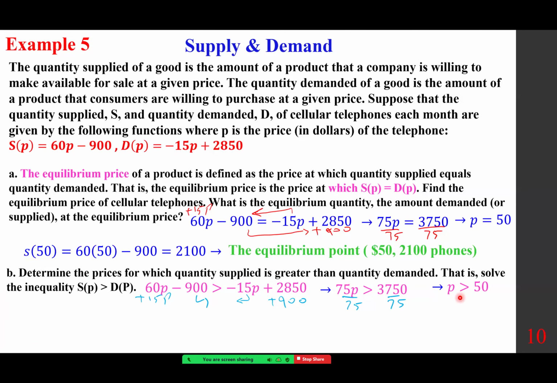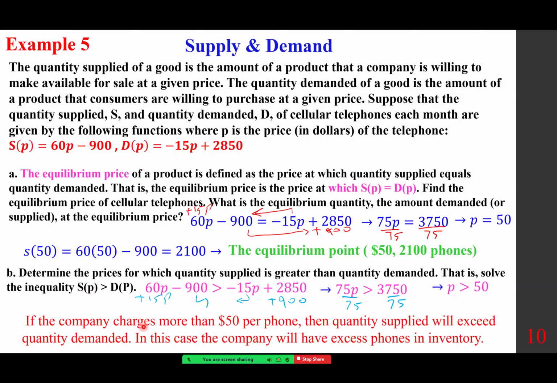Now p is larger than 50. What does it mean? When p is equal to 50, everybody's happy, meaning the company and the consumers. But if it's larger than 50, the company is happier, and they may not be able to sell everything that they produce. If the company charges more than 50 bucks per phone, then quantity supplied will exceed quantity demanded.